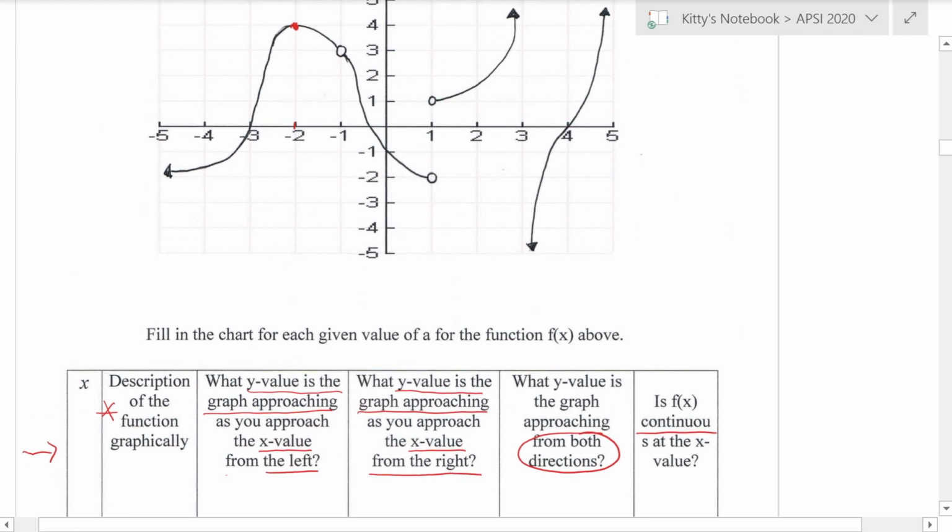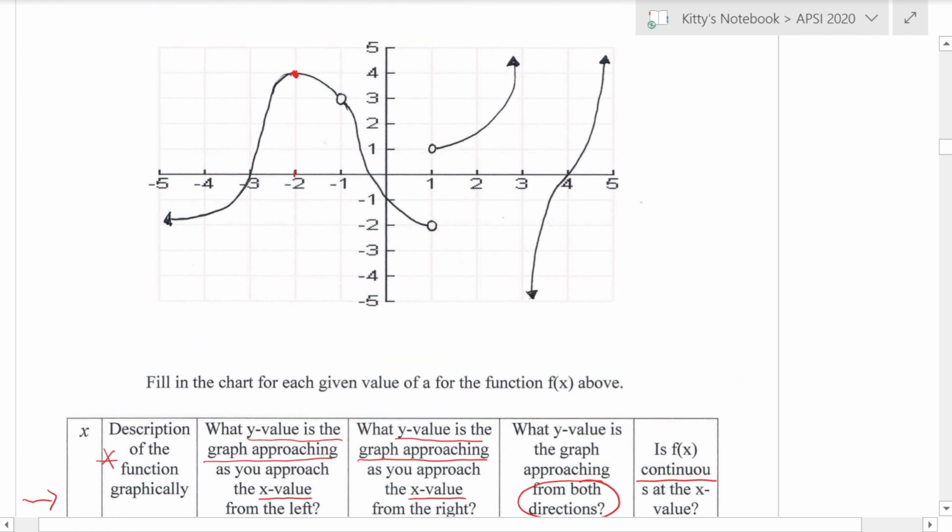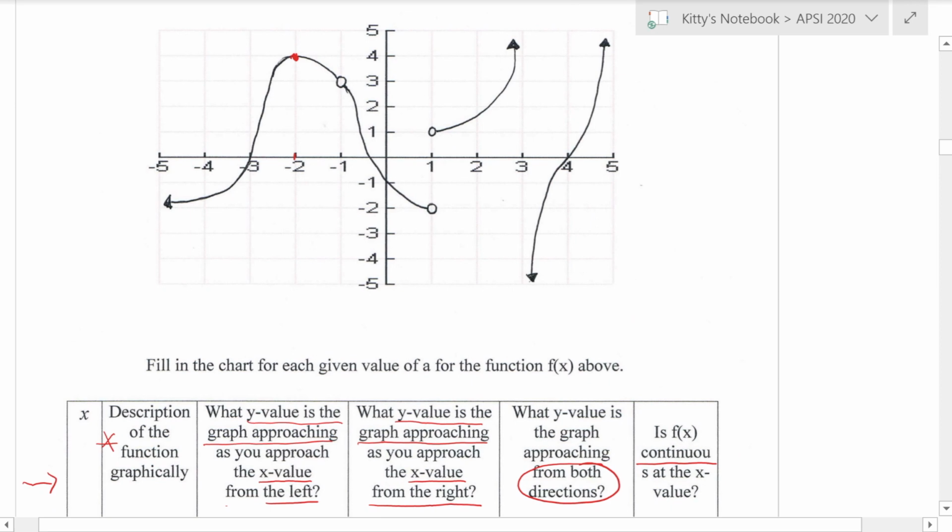Then it asks you about the y value that the function's approaching as you go to -2 from the left. So here is the point -2. If I go to the left, that direction is left, by the way. And for those of you who have a hard time with left and right, if you hold your left hand up, it makes an L. That's how you can remember that, just FYI.